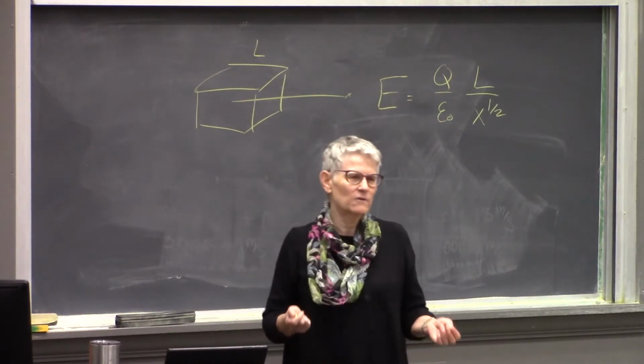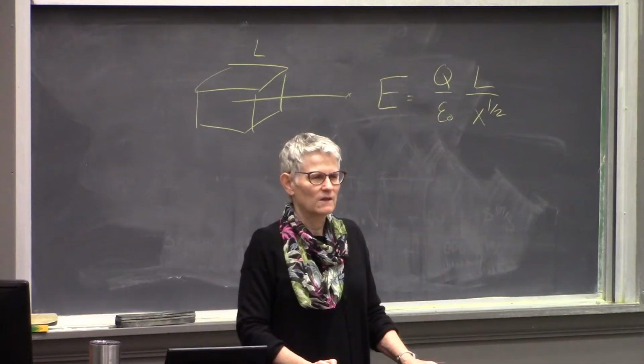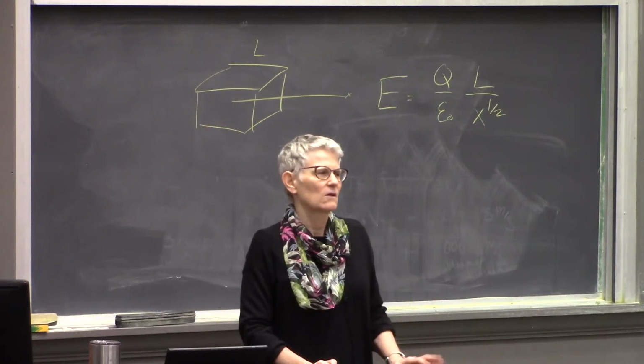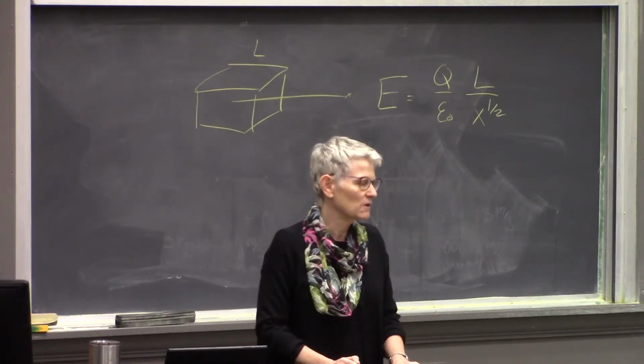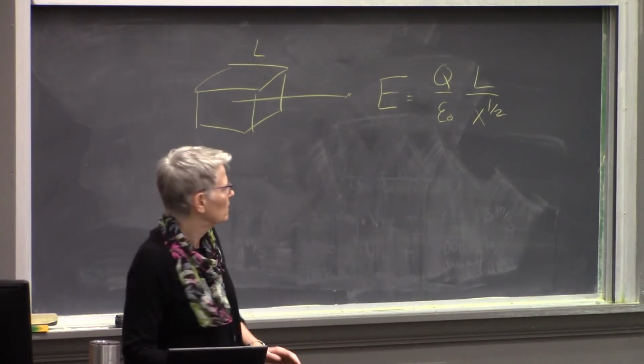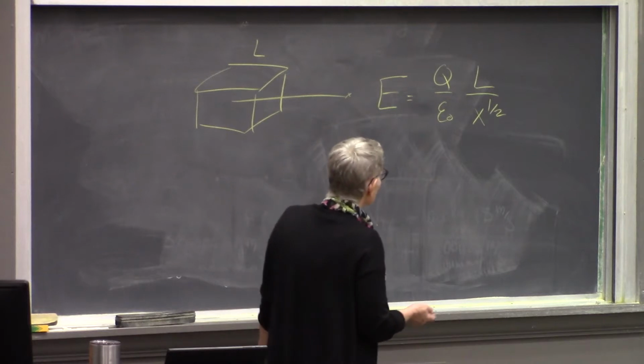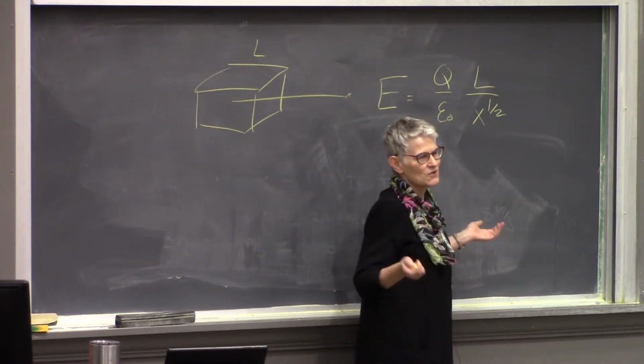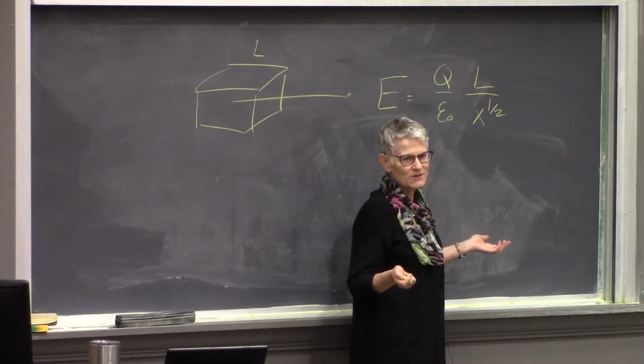If the units of 1 over 4 pi epsilon 0 are Newton meters squared per Coulomb squared, what are the units of 1 over epsilon 0? They're the same, right? 4 pi doesn't have any units.